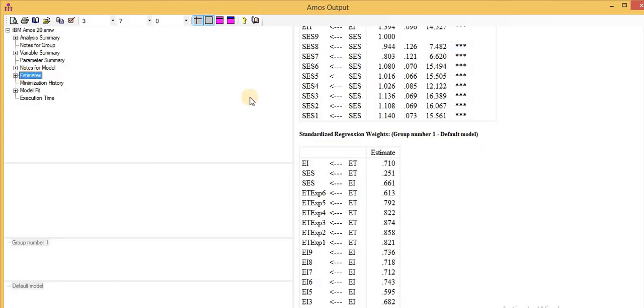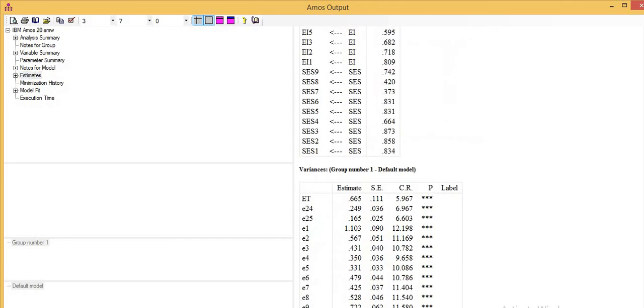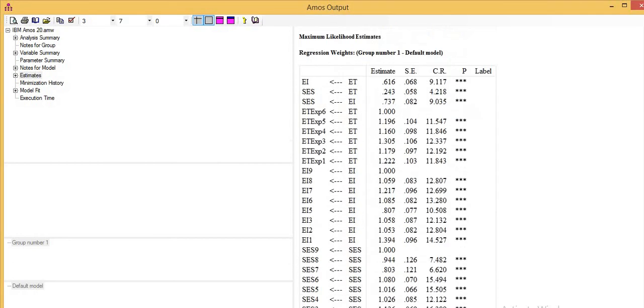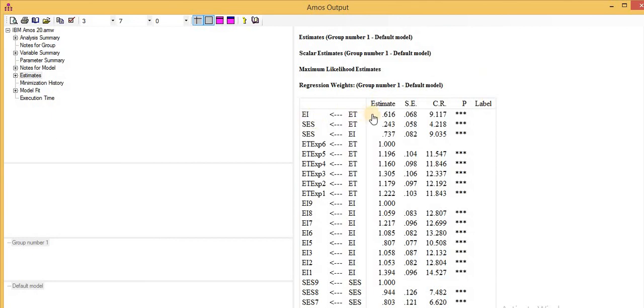So these are the estimates where you can see that these are path analysis, regression weights. So entrepreneur trust, it is a beta value, and these are the significance levels of the p-value.